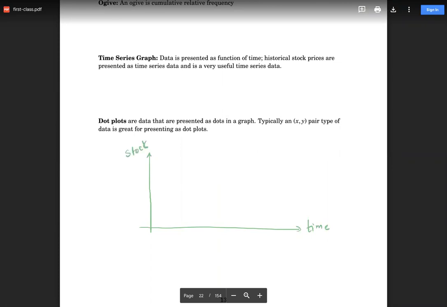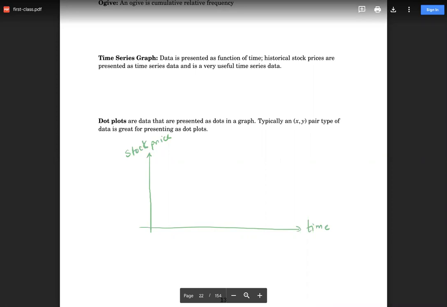That's a good example. Now stock price is a continuous value.